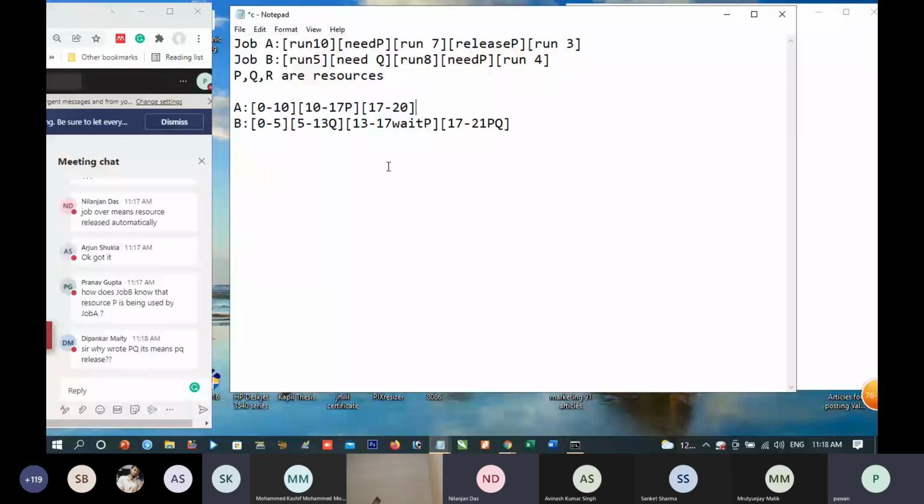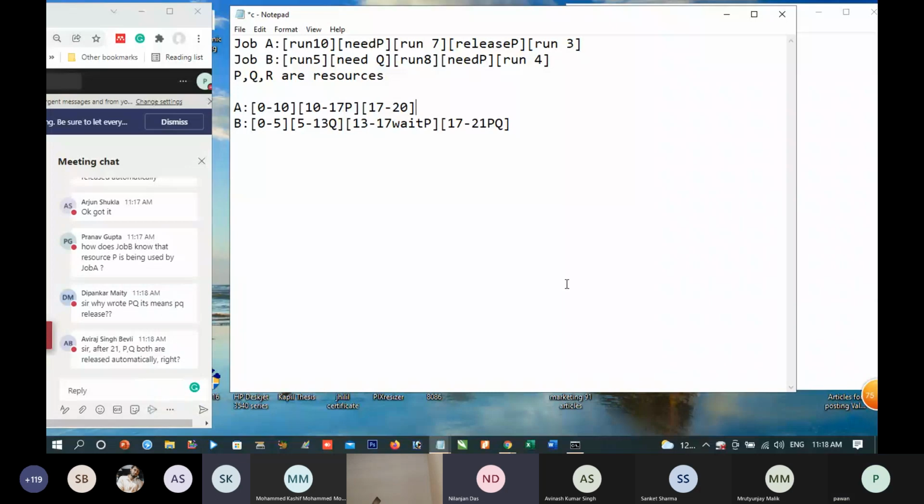During 17 to 21, job B is executing using resources P and Q both. That is just correct. Afterwards, P and Q are both released because job B has been over. When a job becomes over, resources are released automatically. So P and Q are both released.